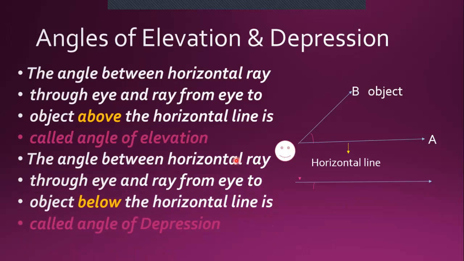Then is angle of depression. The angle between horizontal ray through eye and ray from eye to object below the horizontal line is called angle of depression. Definitions are same, but only one word is different.